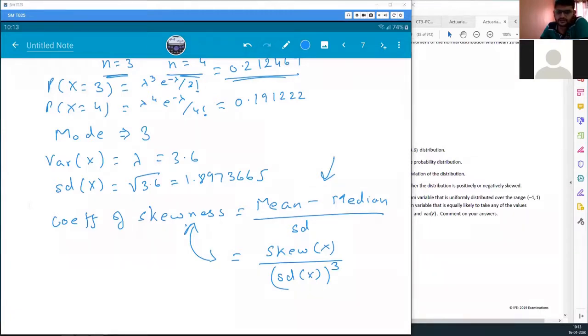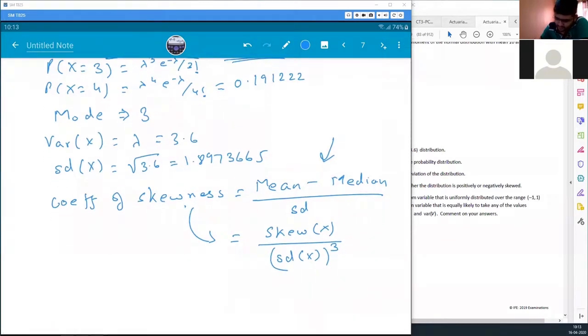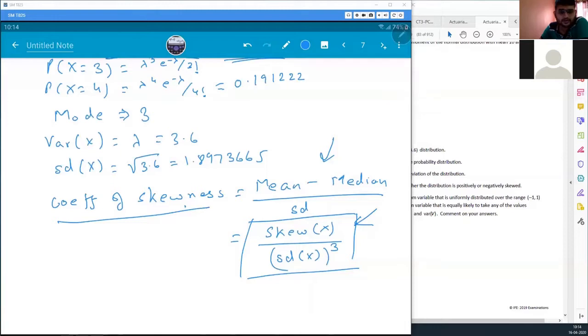So we have two different coefficients of skewness, and both are acceptable. This is more widely used because it uses all the values. We know that median cannot be used for further calculations, so that coefficient of skewness can only be used for comparison purposes. So this is the formula that is usually used for coefficient of skewness.